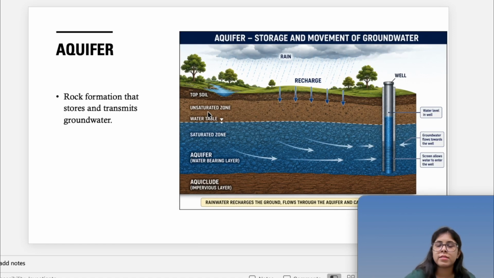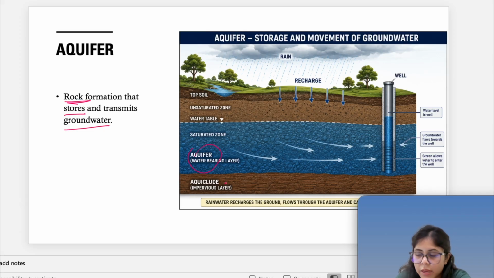The very first thing is aquifer. An aquifer is a rock formation that stores and transmits groundwater. Here we can see this is what an aquifer is.